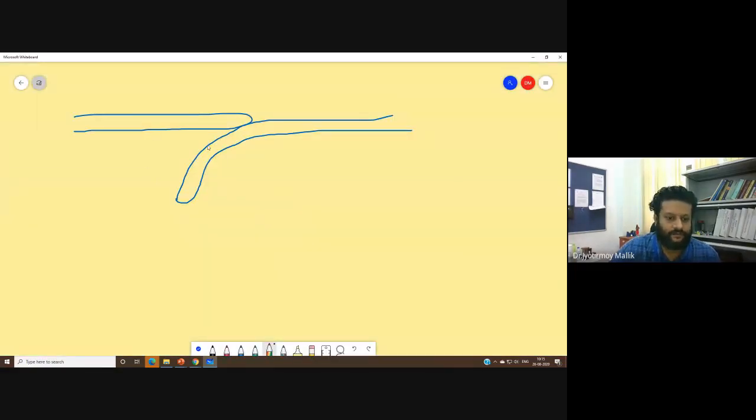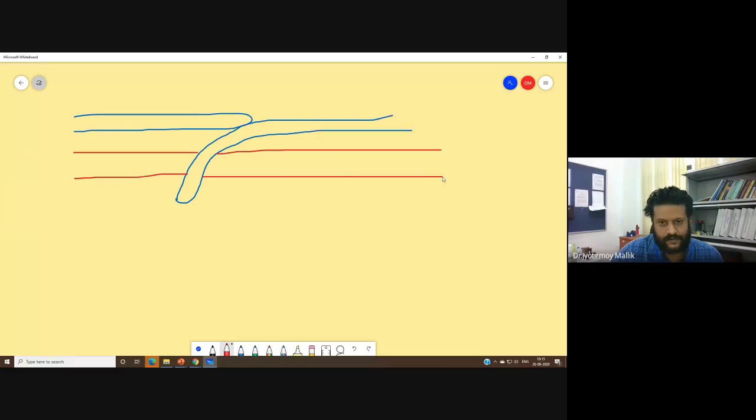Okay, so this is my overriding plate and this is my subducting plate. Yeah? And now what I'm trying to do, I will try to divide my mantle into 3 zones. Okay. So the bottommost part will be extremely rigid.